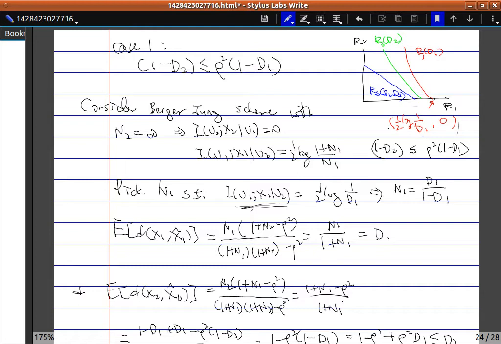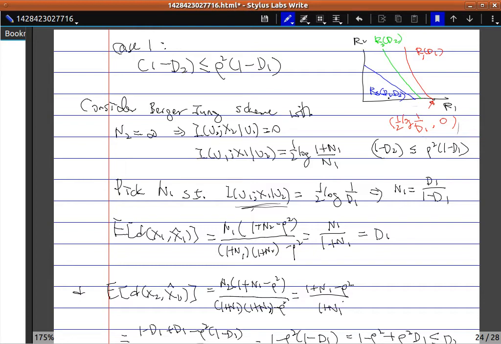As we showed right at the beginning, this point has rate R1 equal to 1/2 log 1 over D1. And we can achieve this point by picking n2 equal to infinity and m1 to be something such that, basically, when we pick n2 equal to infinity, that means u2 can be anything, which also means we're not sending anything for u2.